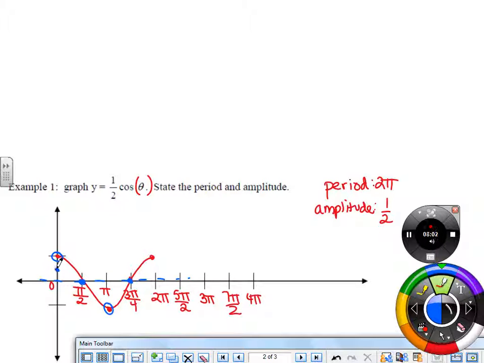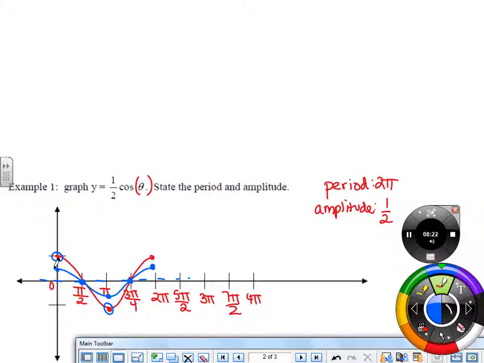So this maximum is only going to be at half a unit above the axis. This minimum is only going to be at half a unit below the axis. This maximum is only going to be at half a unit above the axis. And you can see the adjustment in the curve. And then we could continue the pattern if we wanted to see the graph further out in either direction.